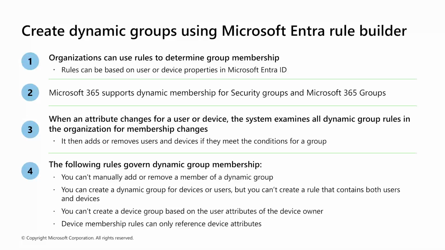You cannot manually add or remove a member of a dynamic group. You can create a dynamic group for devices or users, but you cannot create a rule that contains both users and devices. You cannot create a device group based on the user attributes of the device owner. Device membership rules can only reference device attributes.